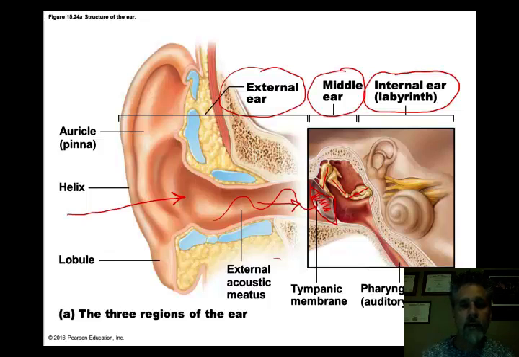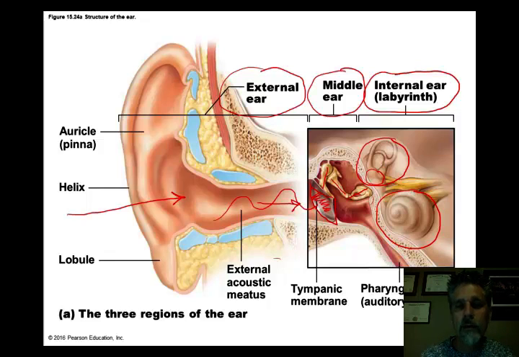When we look in the inner ear, we see that we've got a snail-like structure that's called the cochlea. We also have structures over here that are separate and distinct. While the cochlea is associated with hearing, the semicircular canals and the utricle and the saccule, which are contained down in an area called the vestibule, are associated with equilibrium.